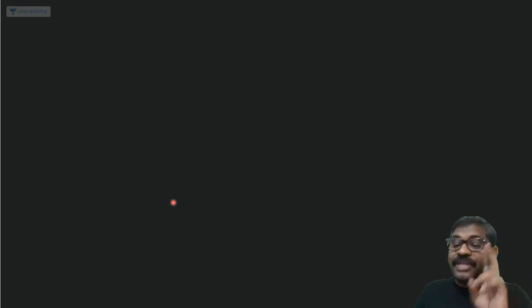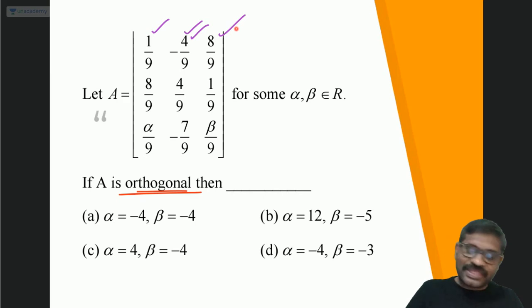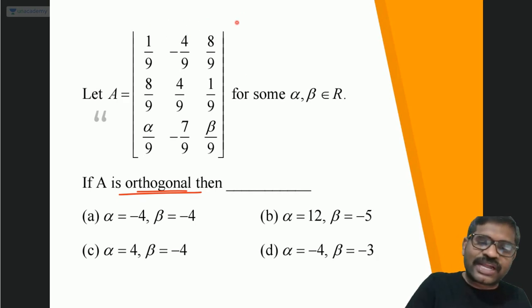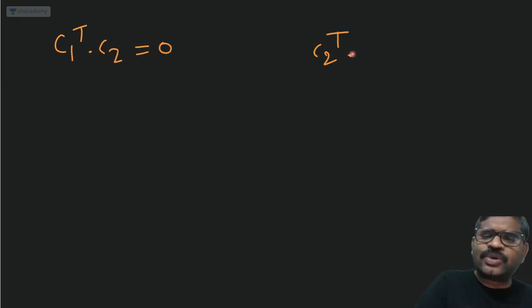I am taking columns. First column and second column are orthogonal. Second column and third column are orthogonal. That's why I am using the conditions C1 transpose dot C2 equal to 0, C2 transpose dot C3 equal to 0.